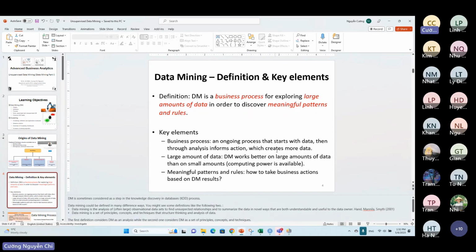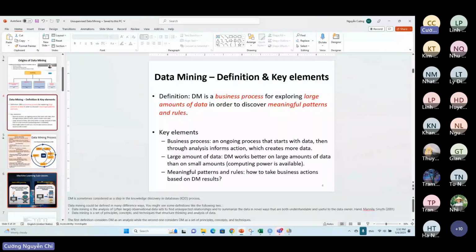So that's really it. Remember, the outcome is that they try to get meaningful patterns and rules. It has to make sense. It has to help you make predictions, and it has to help you make movements and decisions.